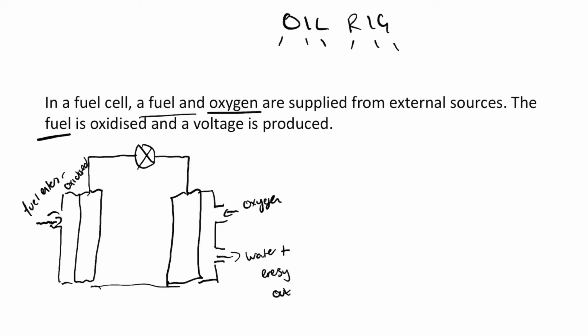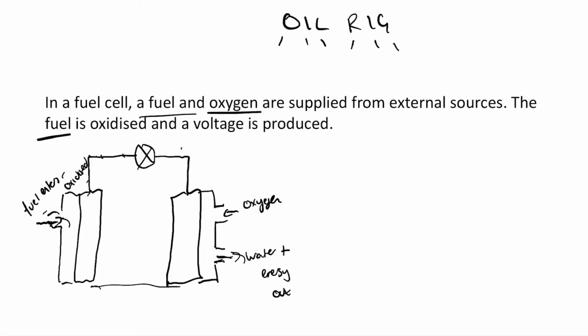Okay, so the fuel is going to enter here, it's going to be oxidized, the electrons are going to pass through the circuit. Now that oxygen is of course going to react, as I said, to the fuel and the electrons to form water, and that is going to leave through here.